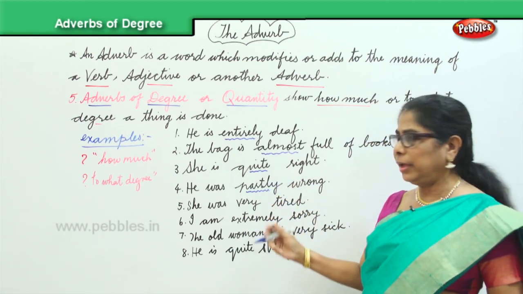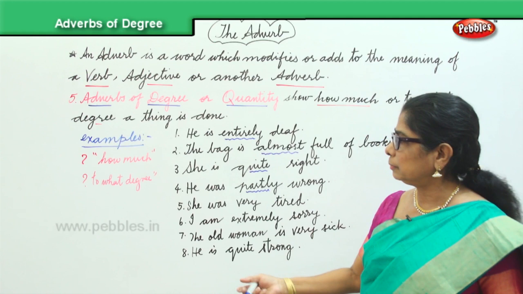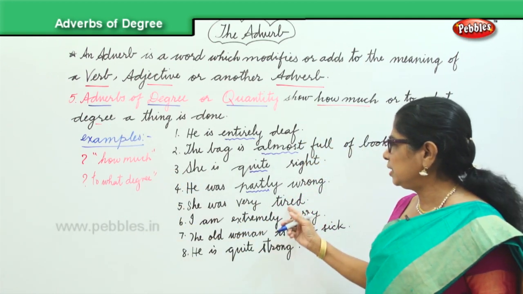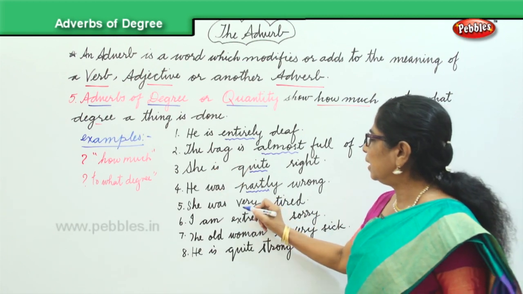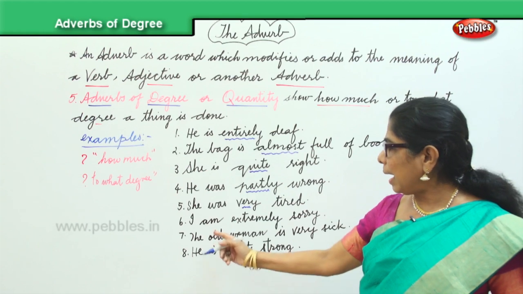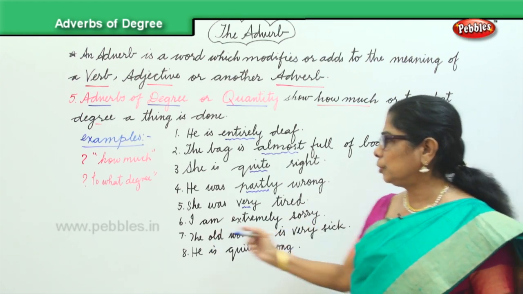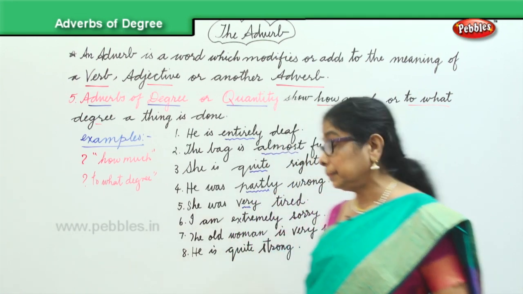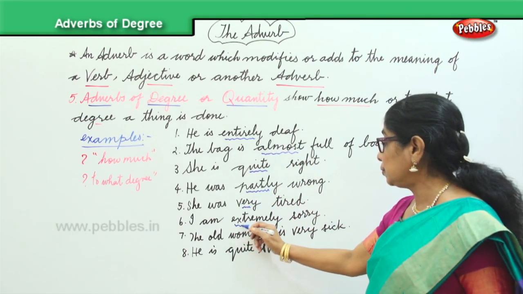She was very tired. How tired is she? She is tired. How much? A little tired? Very tired. She is exhausted. I am sorry. To what degree are you sorry? Extremely, not a little bit. I am extremely sorry.